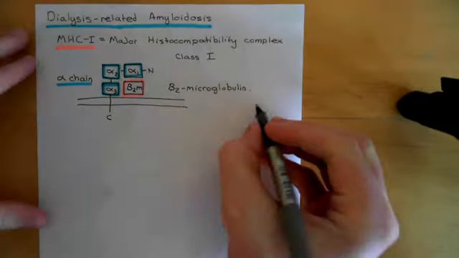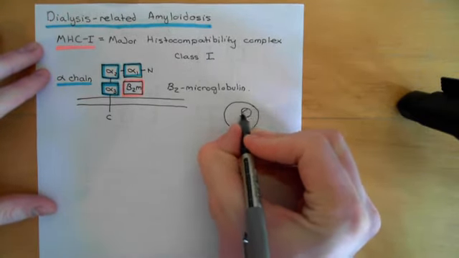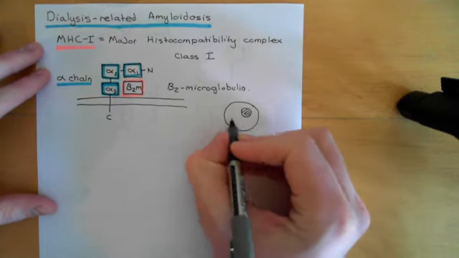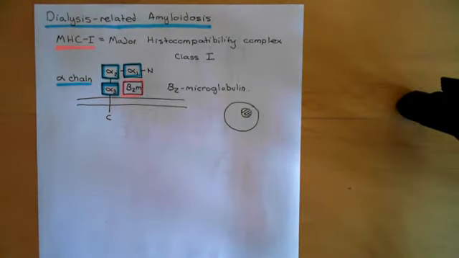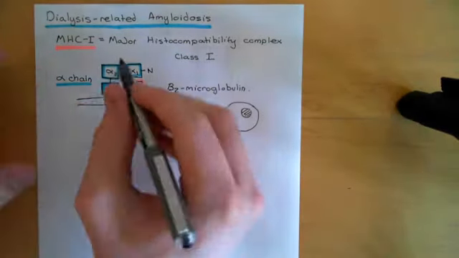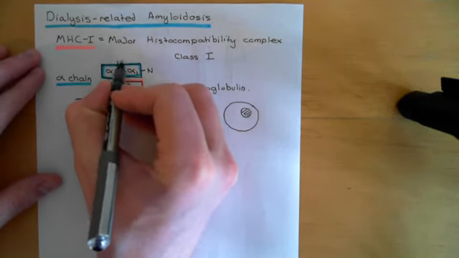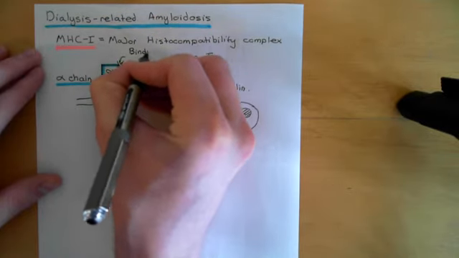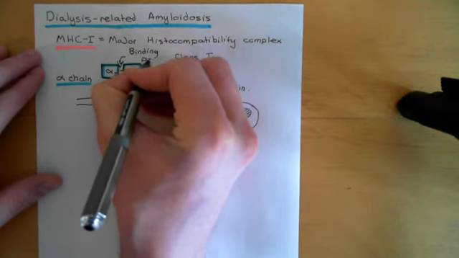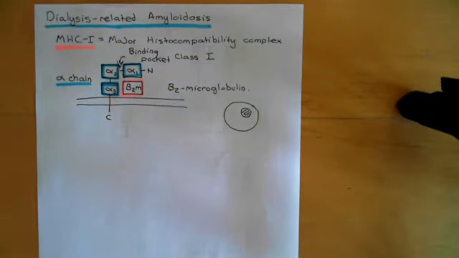All the time, the cell is taking proteins from the cytoplasm, processing them, cutting them up into little fragments, and putting these fragments in this binding pocket between the alpha 1 and alpha 2 domains. So there is a little binding pocket here where you can put protein fragments. It's continually taking random samples of proteins in the cytoplasm, cutting them up into little fragments and expressing them on its cell surface.